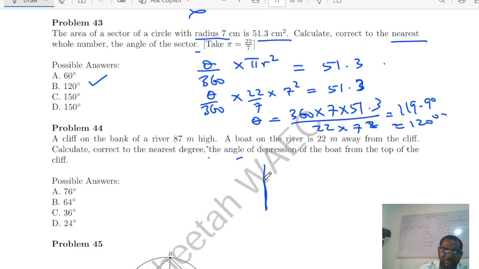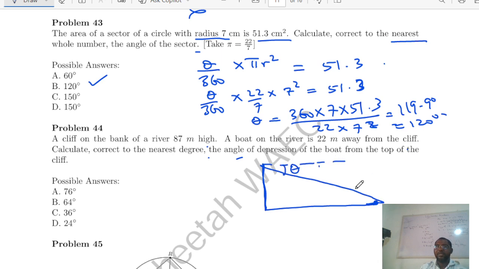This is the cliff. This is the distance to the boat. This is the boat here. This is the angle of depression, the angle between the eye level and the line down to the boat. If you know your maths, these are alternate angles, so if here is theta, here will also be theta, so they are the same.